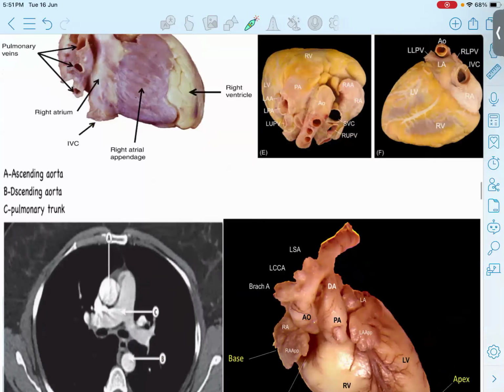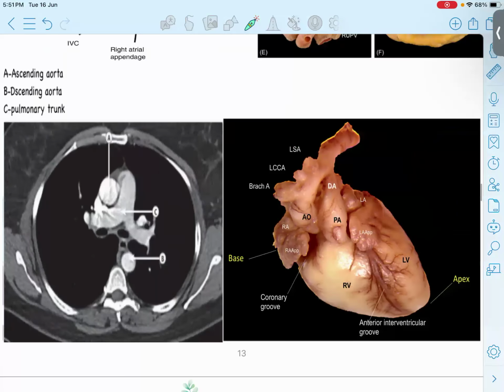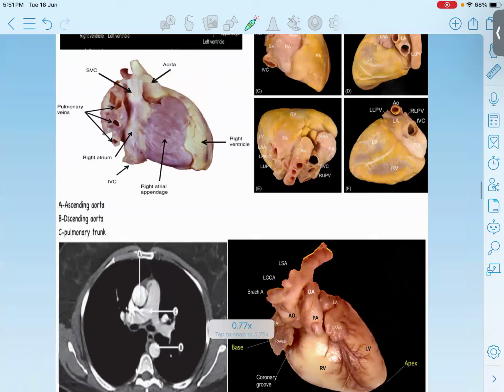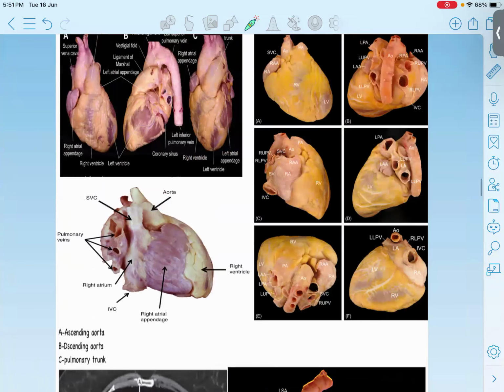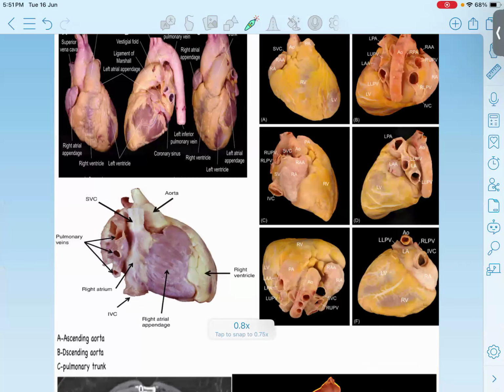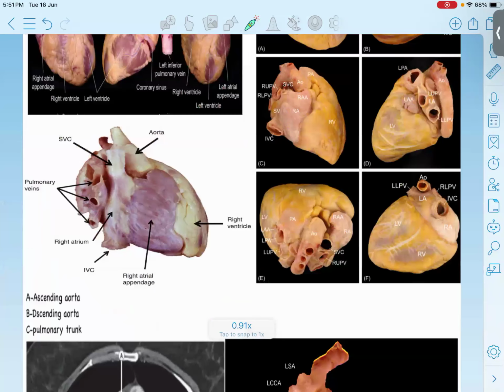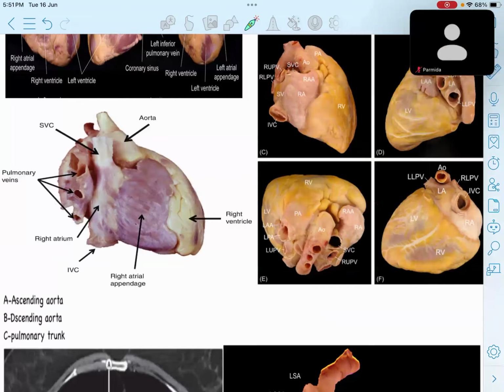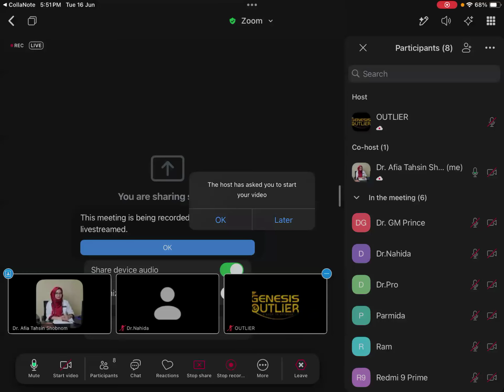So we have completed today's contents from thorax. If you have any question, please feel free to ask. We will start from lungs in our next class. So ask me questions, please.